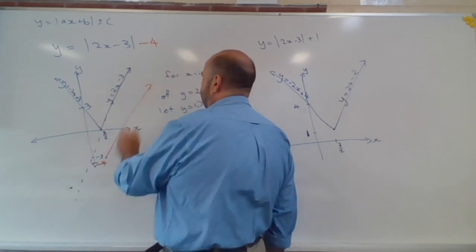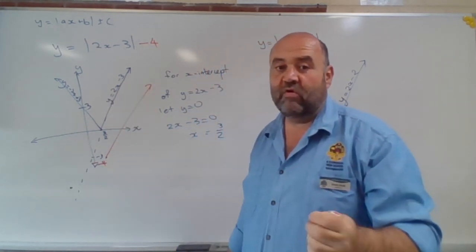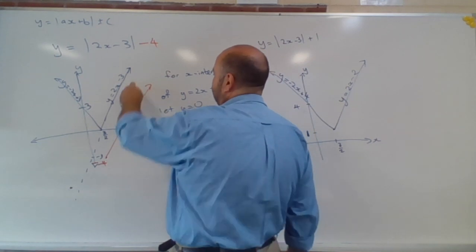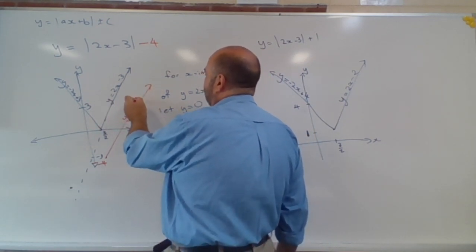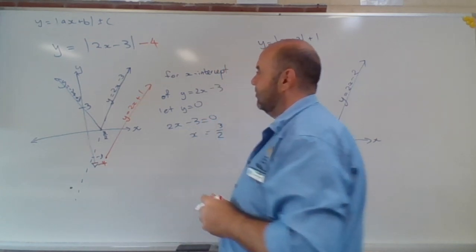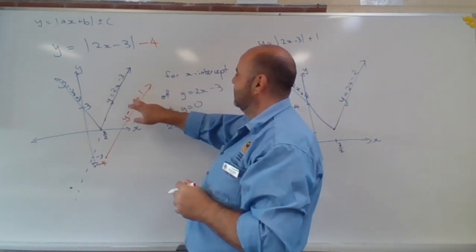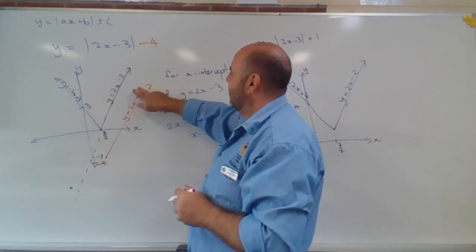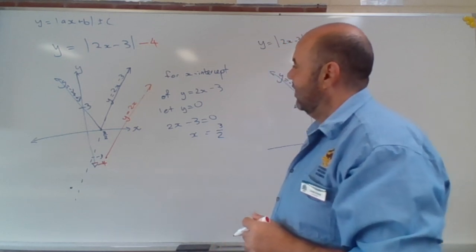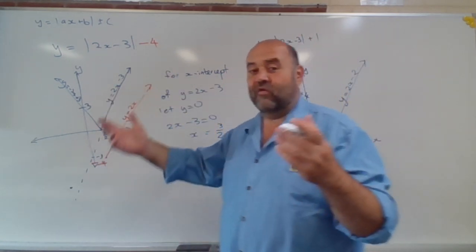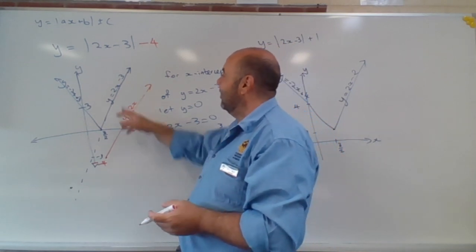This half of the graph would be that function there, y equals 2x minus 3 plus 4, y equals 2x plus 1. Sorry, forgive me. I just said +4, it's -4. Sorry guys, bad morning. Sorry, we're not adding 4, we're shifting down by 4. So we're going to be taking away 4.